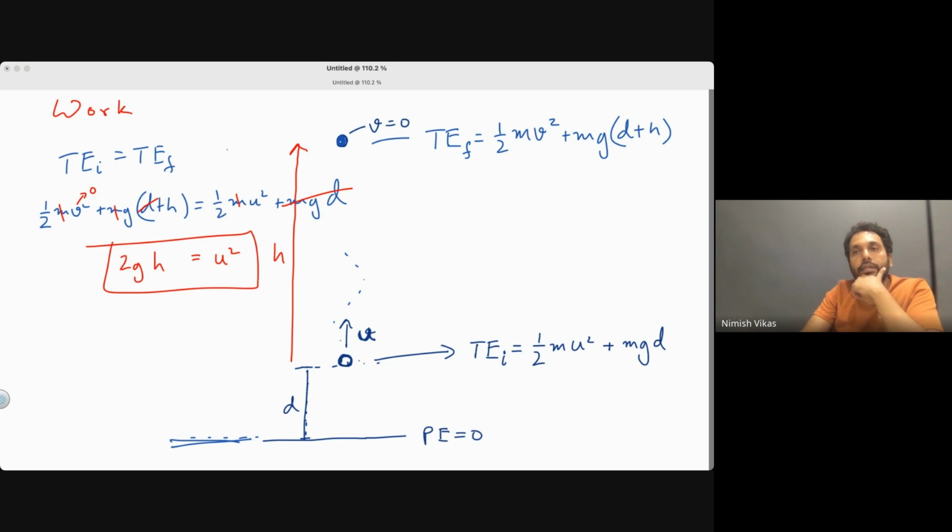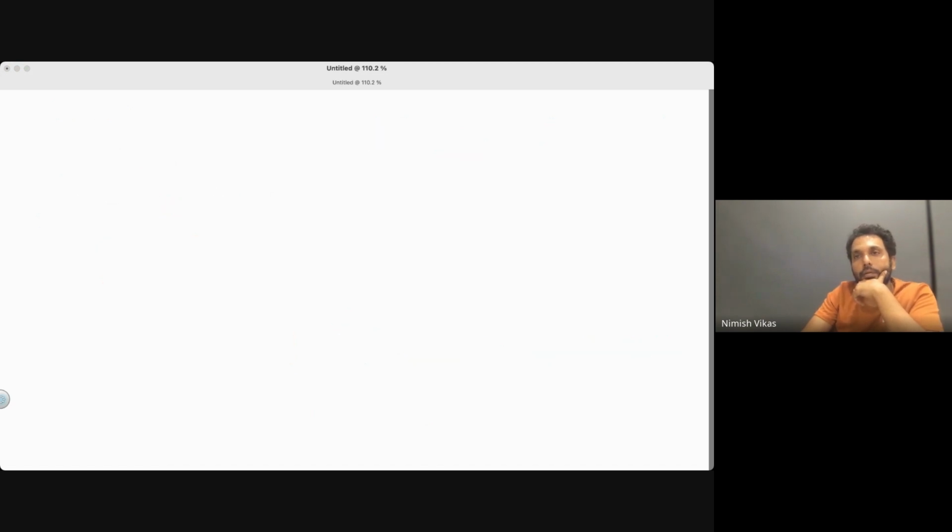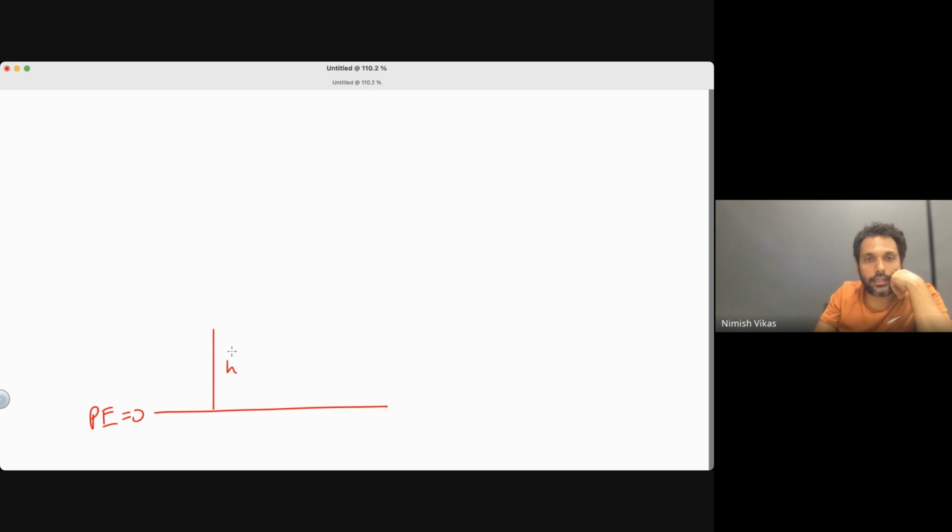Now comes the gravitation chapter, right? And what's the big difference? The big difference is in the work energy chapter, I was considering my zero level anywhere. So if you are h above it, the potential energy of a mass m is mgh.